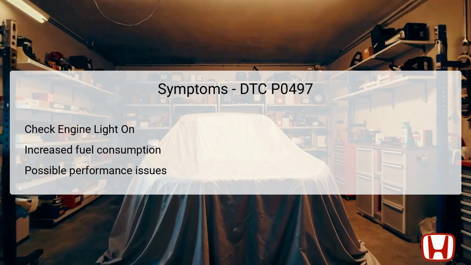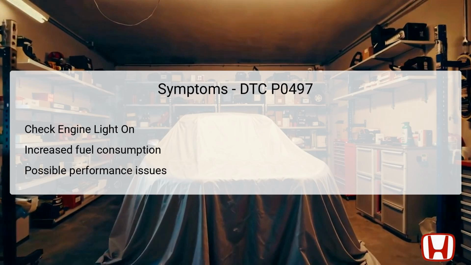When the P0497 code is active, common symptoms may arise. The check engine light, CEL, will illuminate, indicating a fault in the emissions system. Drivers might also notice an increase in fuel consumption due to improper vapor flow management, leading to inefficient engine operation.